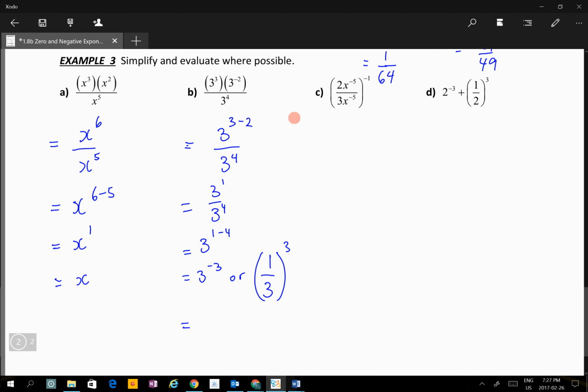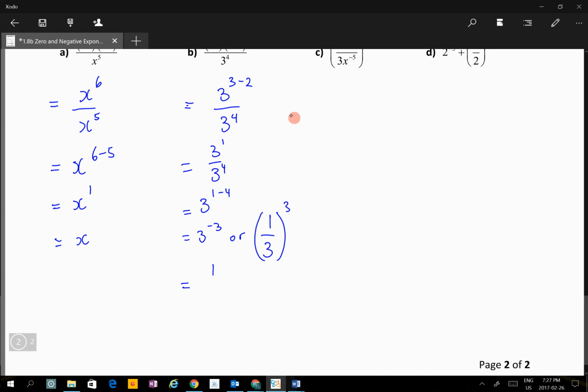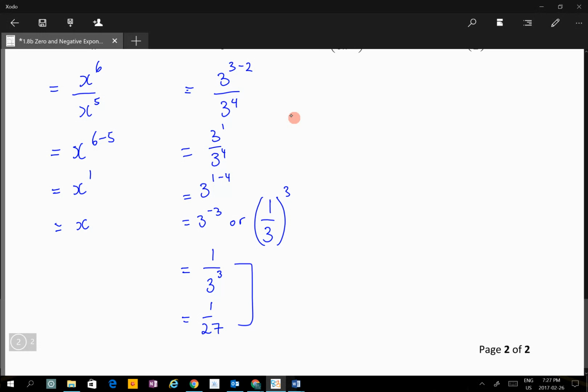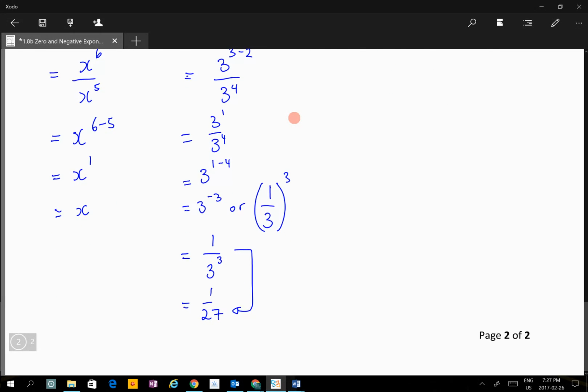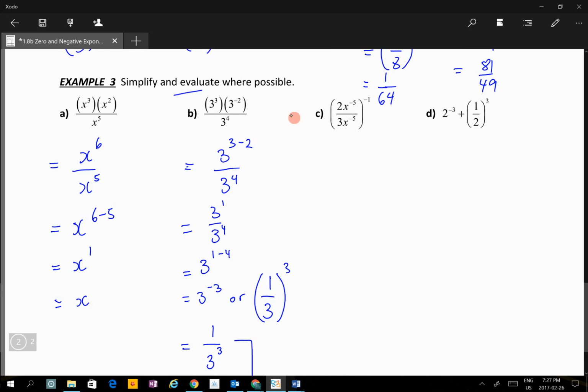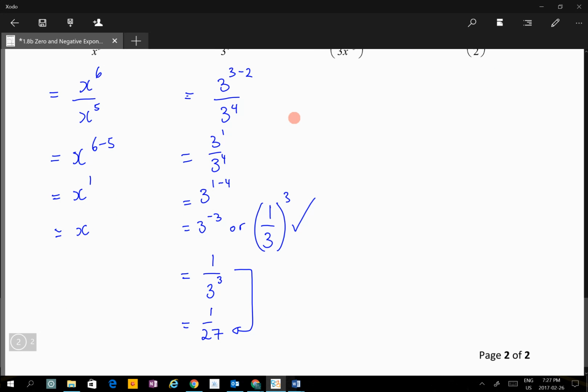You can also go one step further by distributing the exponent to say 1 over, will be 1 cubed, which is just 1, and 3 to the power of 3, which is just 27. So this step here is what you would do if you're asked to evaluate the expression. If it's simplify, then stopping here would be good enough.